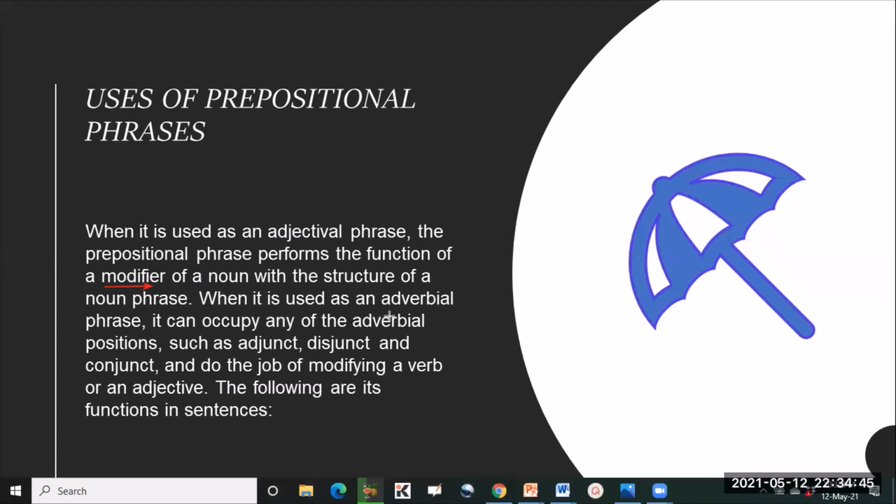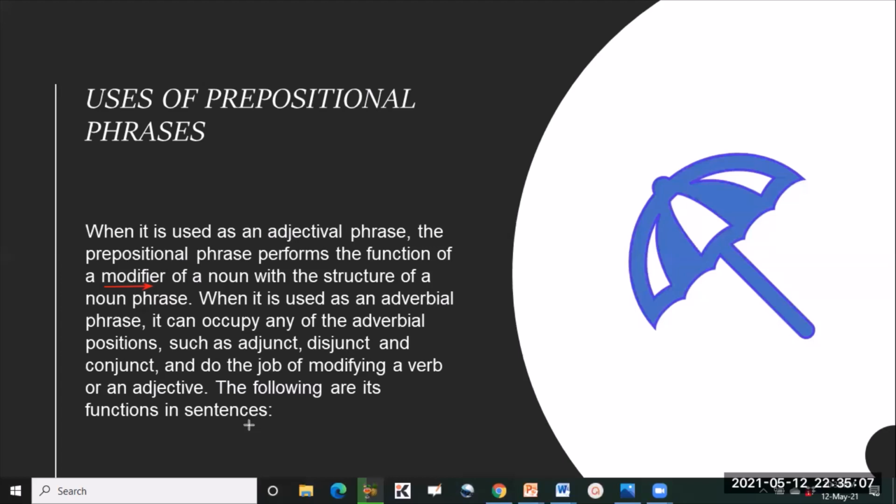When it is used as an adverbial phrase, it can occupy any of the adverbial positions such as adjunct, disjunct, or conjunct, and it can do the job of modifying a verb or an adjective. Now, the following are its functions in sentences.